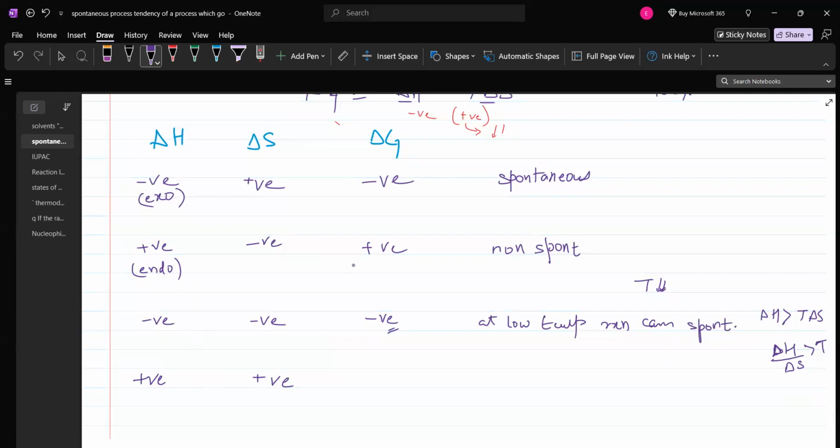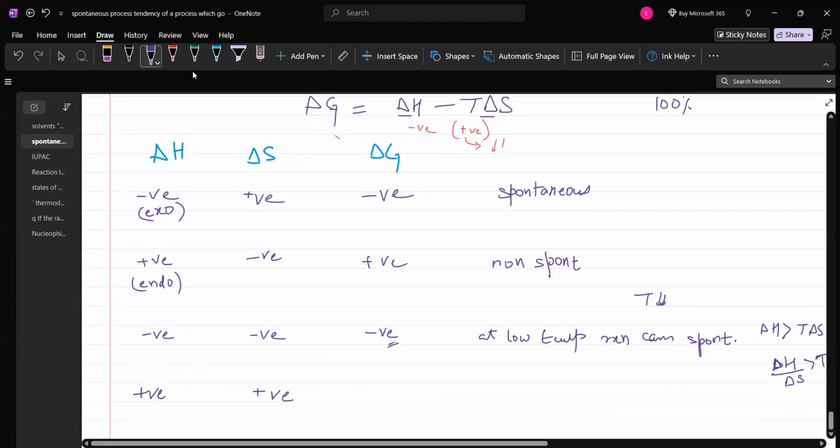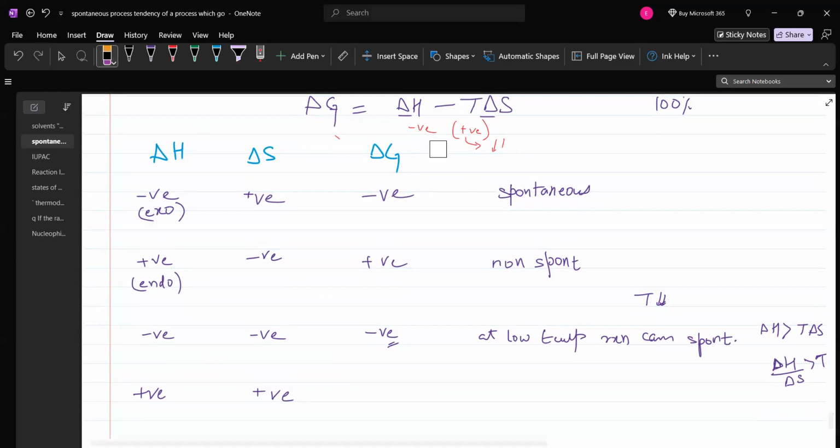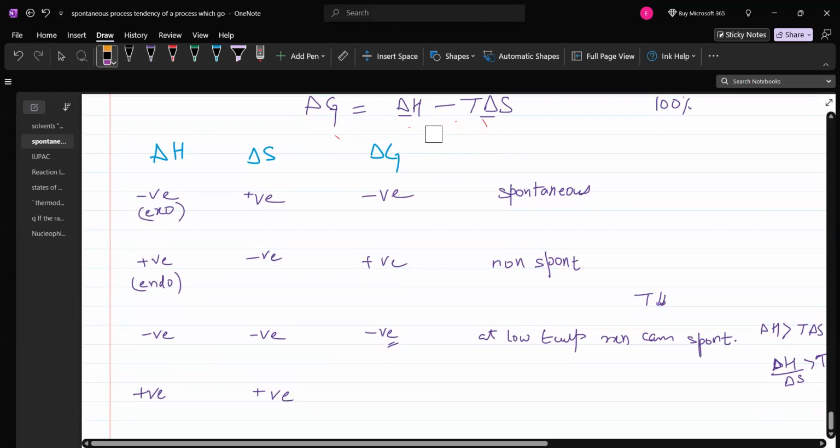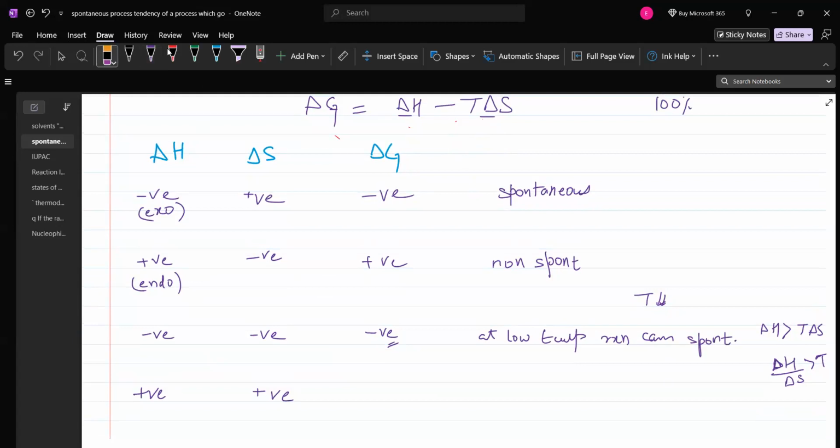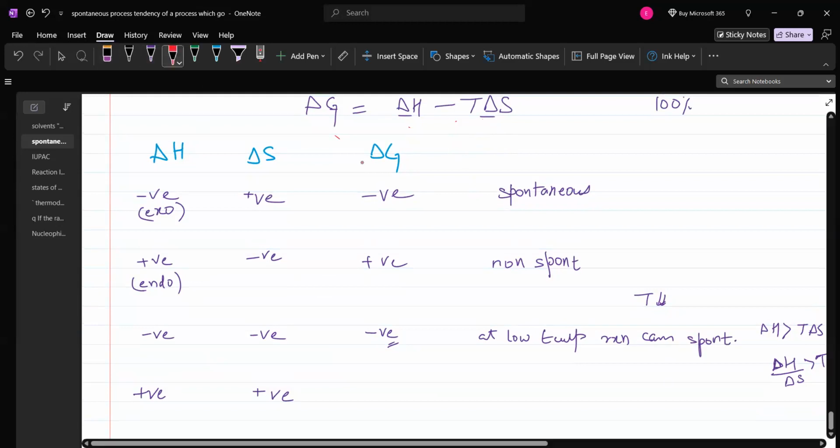Okay, so now what we will see? You can clearly see that since delta S is positive, the whole thing will be negative only, and delta H is positive. So we have to increase the temperature.